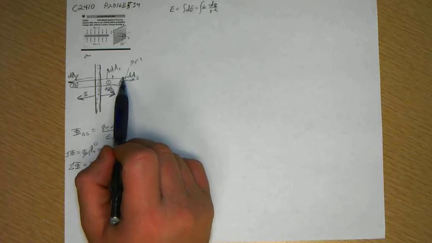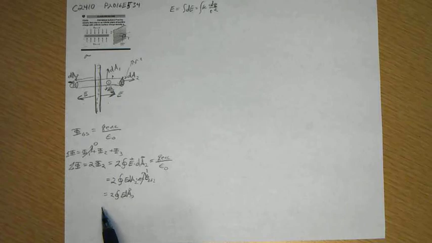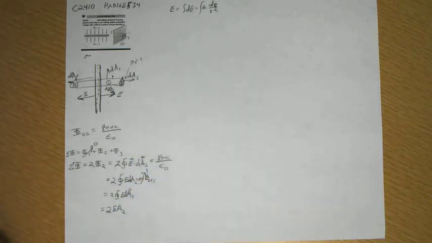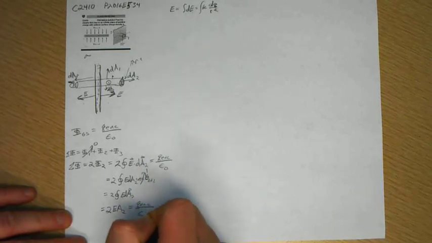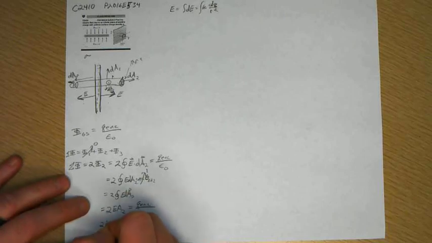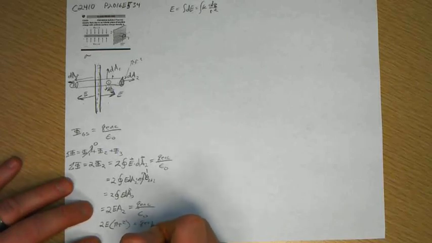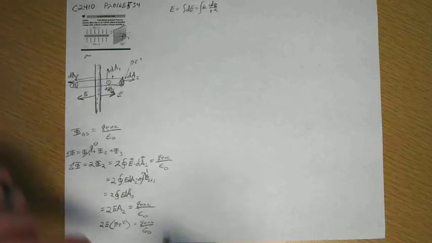Well, all along that surface at distance r, the electric field is the same, so we can pull that out of the integral, integrate, and we just get 2 E A2, and that equals charge enclosed over epsilon naught. So what is A2? Well, we just mentioned that, so that's 2E times pi r squared equals Q enclosed over epsilon naught. What is charge enclosed?